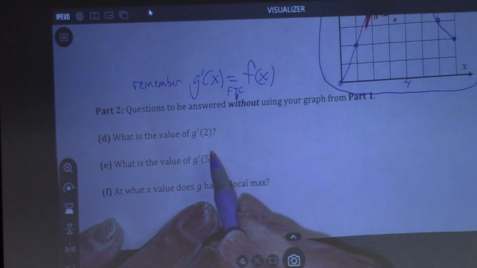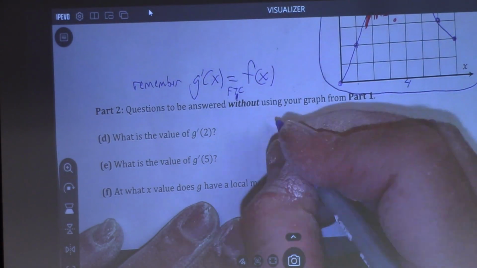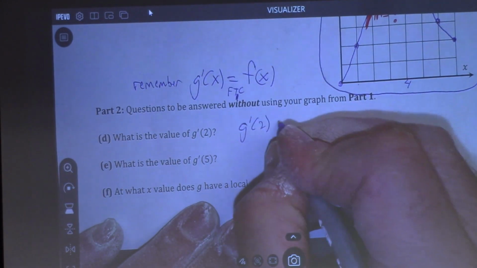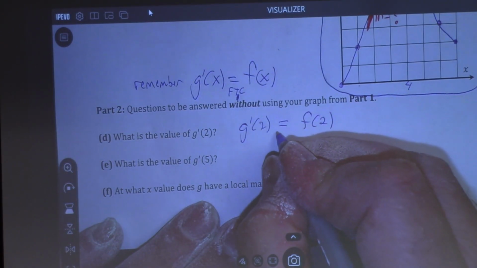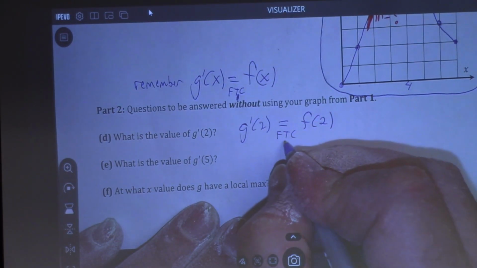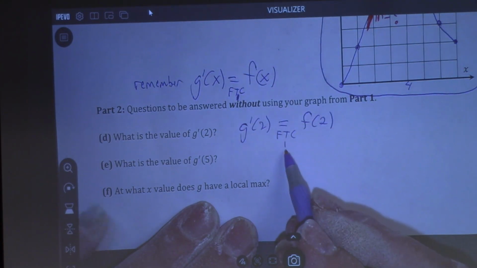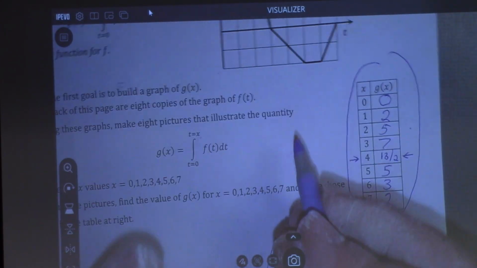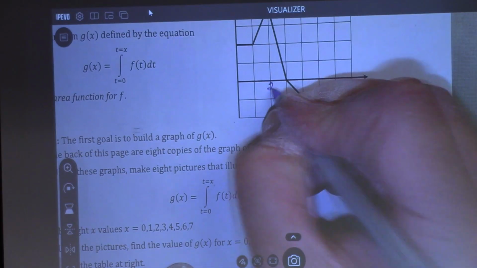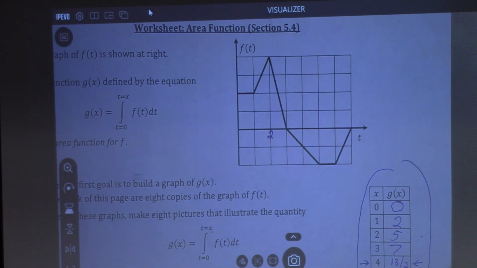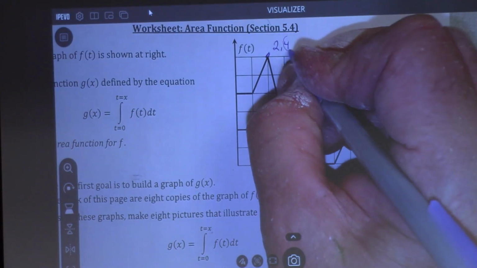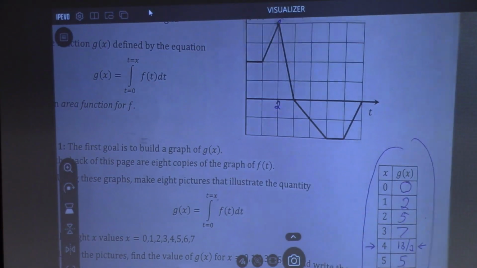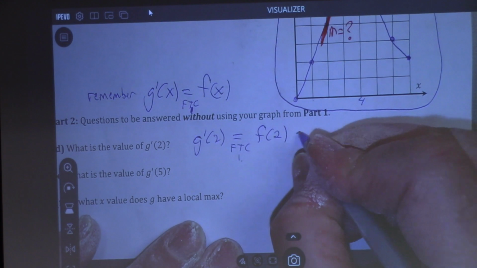So if I'm asked for g prime of 2, I can just get f of 2 by the fundamental theorem of calculus, part 1. So go up to the graph of f, go to the place where x is equal to 2, and find the y value on that graph. Well, this is the point (2, 4). That y value is f of 2. So that's the number 4.